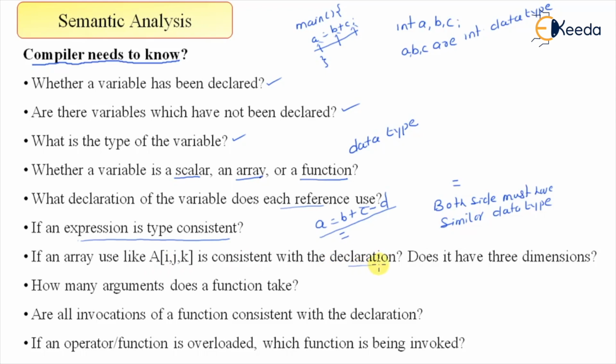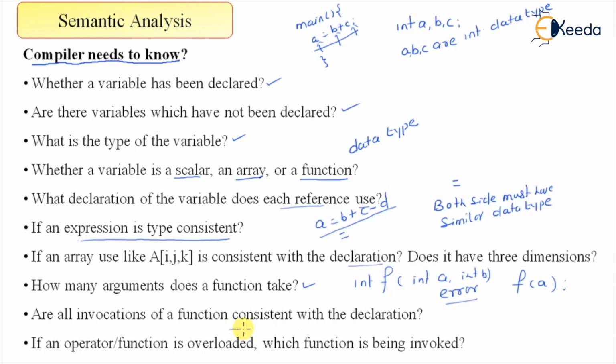Is an array used, like a[i][j][k], consistent with its declaration? How many arguments does the function take? The compiler also needs to know the number of arguments. If I declare a function int f with int a and int b, and I call this function with f of only, let's say, a, it should throw an error because the number of arguments here is 2 and there it is 1.